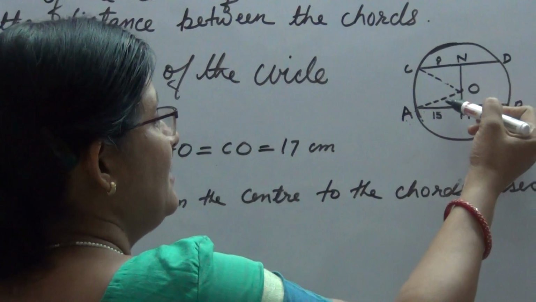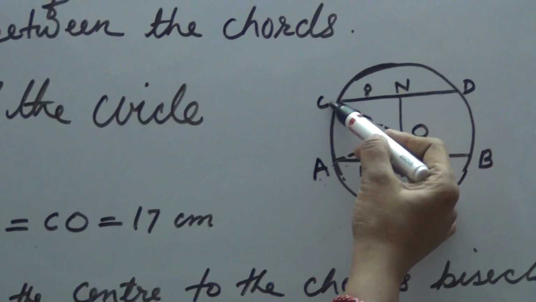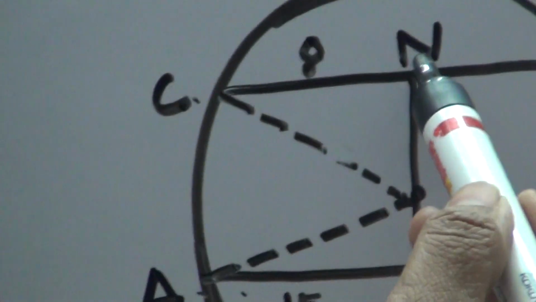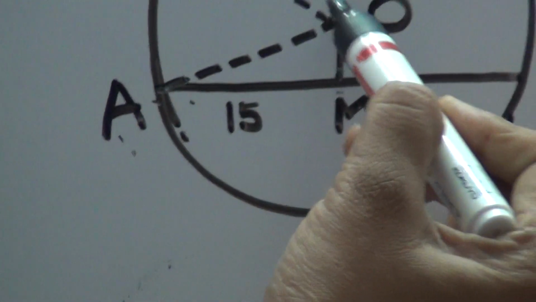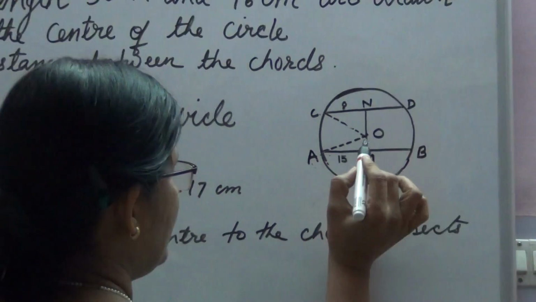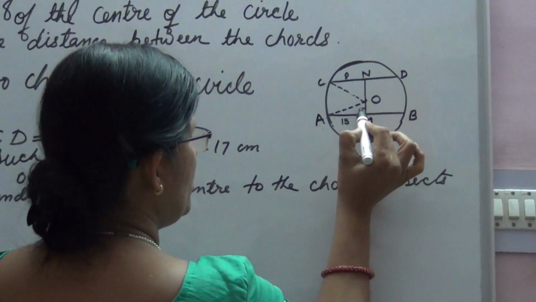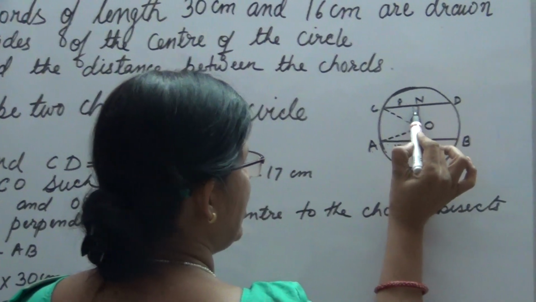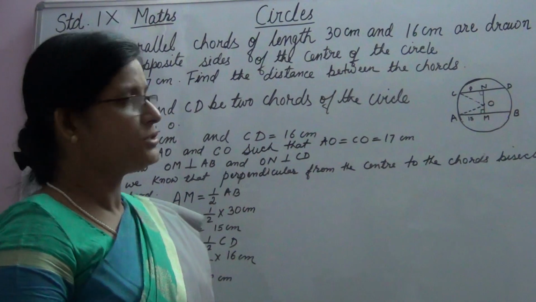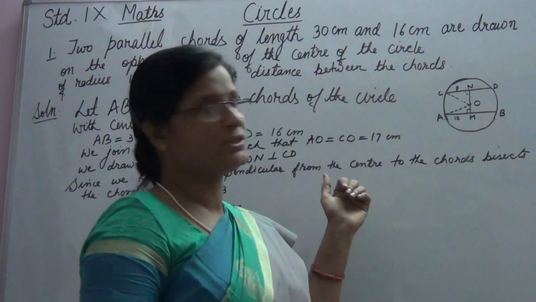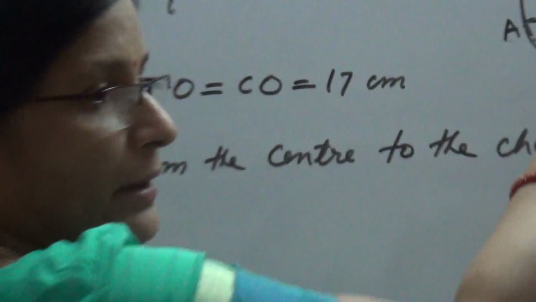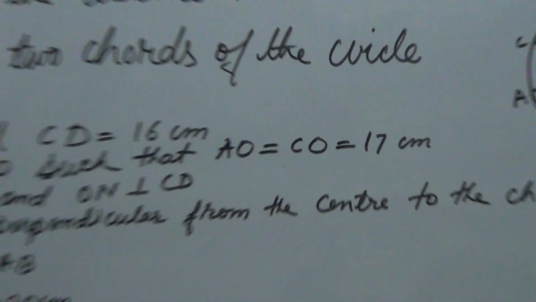Similarly, in triangle CNO, we know the value of CN as 8 centimeter and OC is 17 centimeter. Also we have drawn these perpendiculars, so they form an angle of 90 degrees. So these two are right angle triangles. We will use Pythagoras theorem in these two triangles to find the distances OM and ON. So now let us continue with our calculation part.